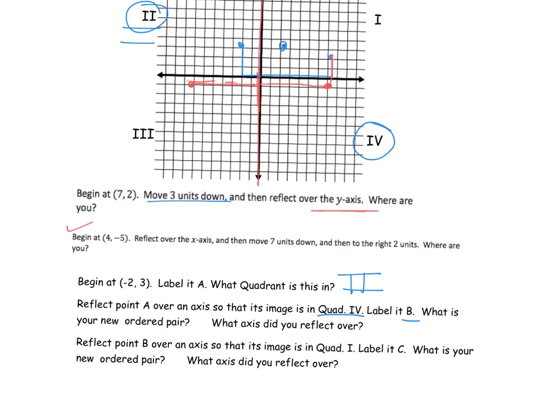Now my new point would be +2 and +3. And then we have to flip it over the x-axis. 1, 2, 3. If it's over the x-axis, the x stays the same, and the y becomes its opposite.